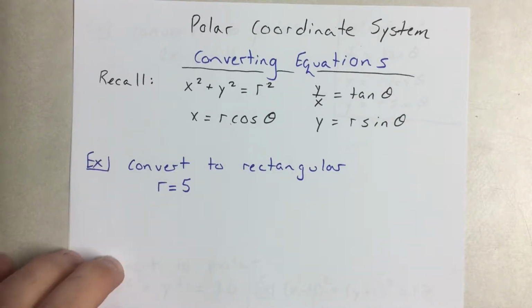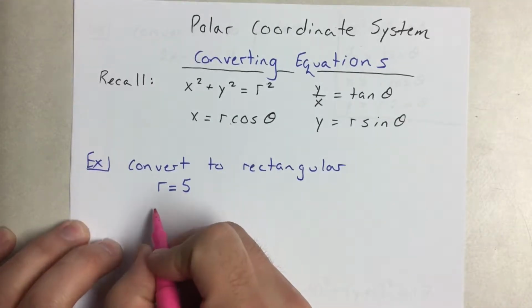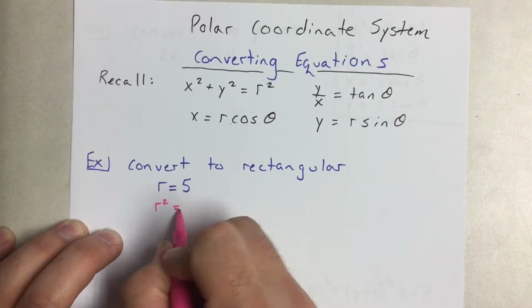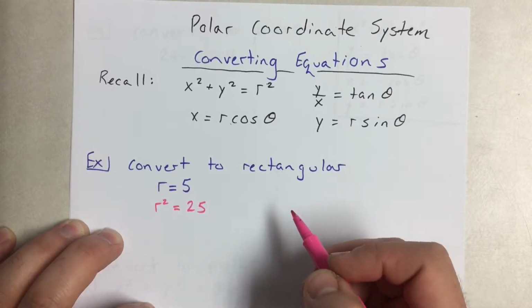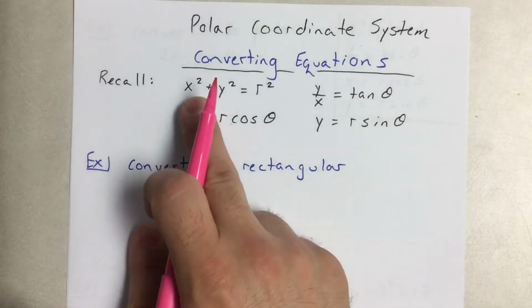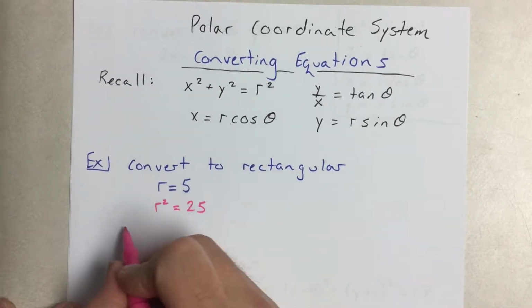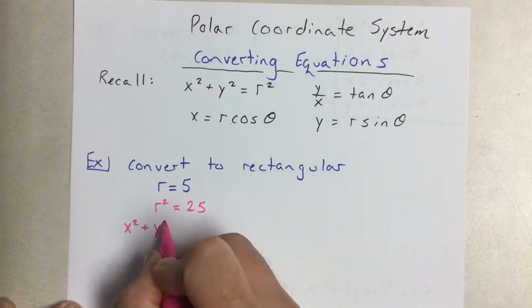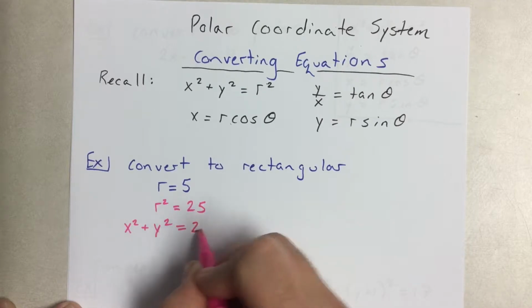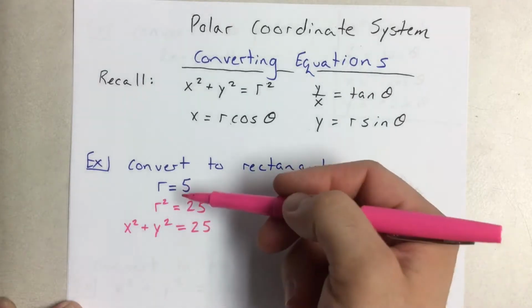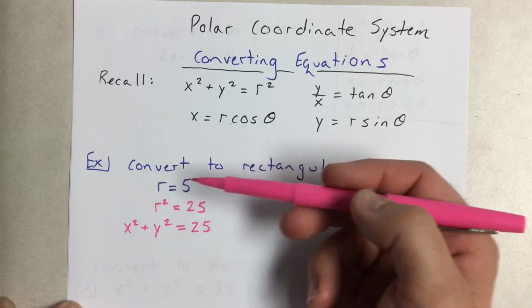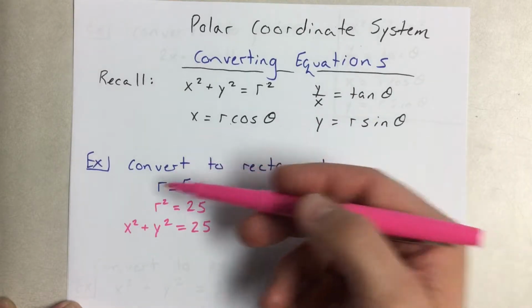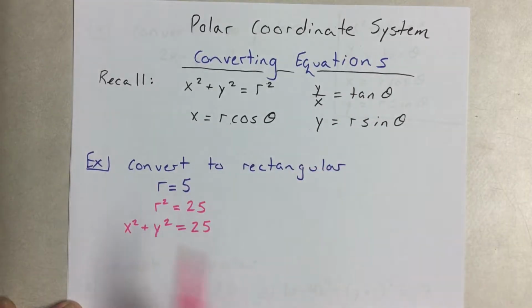We square both sides, which gives us r squared equals 25. Now we can substitute in x squared plus y squared. And there you go. We went from polar, where it's in terms of radius, and there's no theta here, and we converted it completely to rectangular x and y.